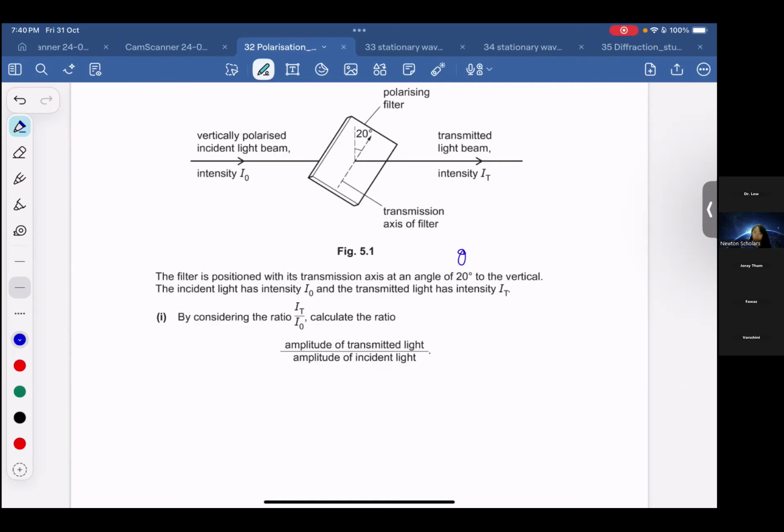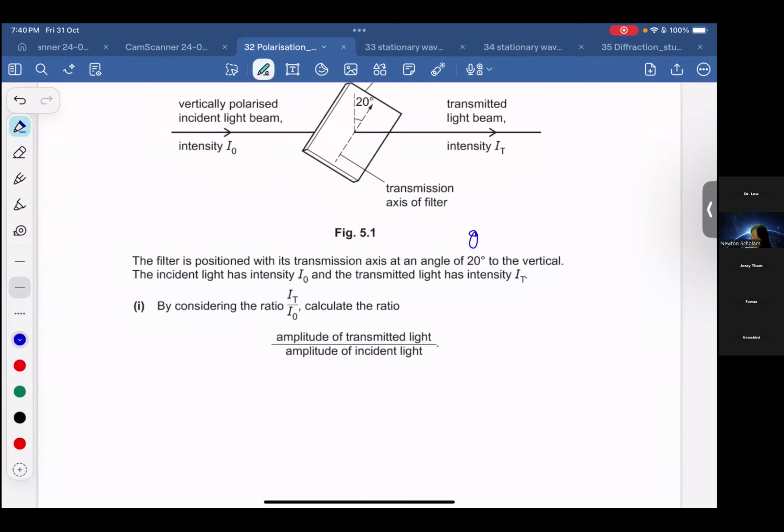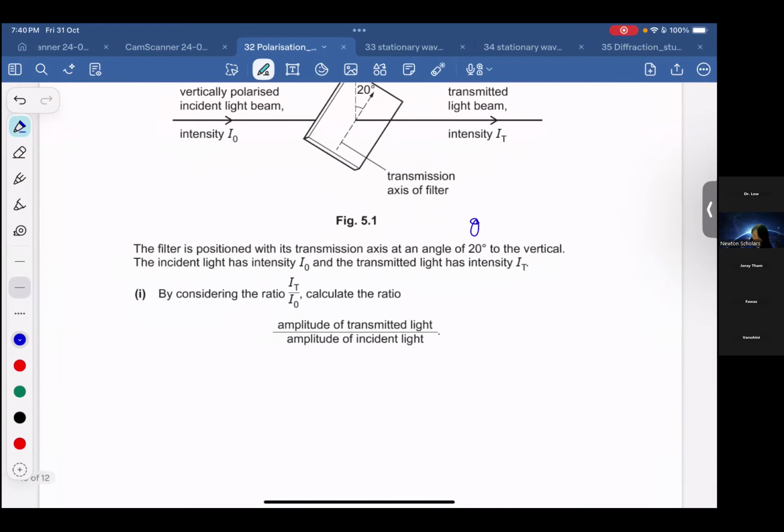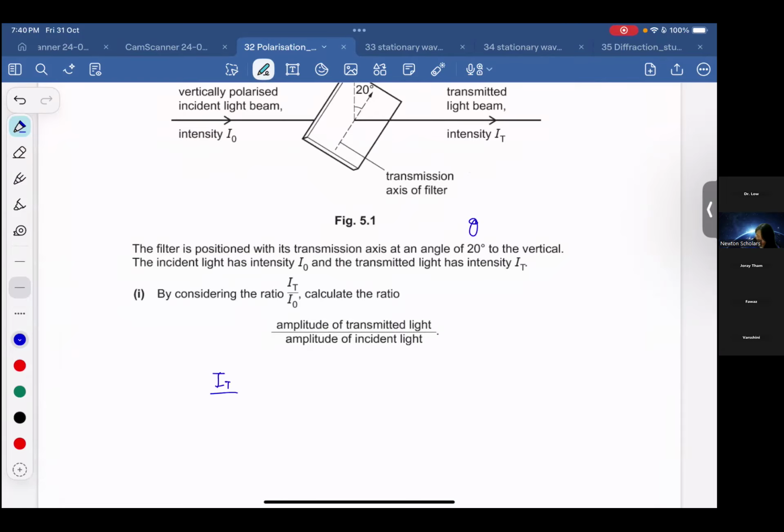Transmitted, that means after the filter, is IT. By considering the ratio of IT over I0, at here we understand that I is equal to I0 cos square theta. So your IT actually is what?